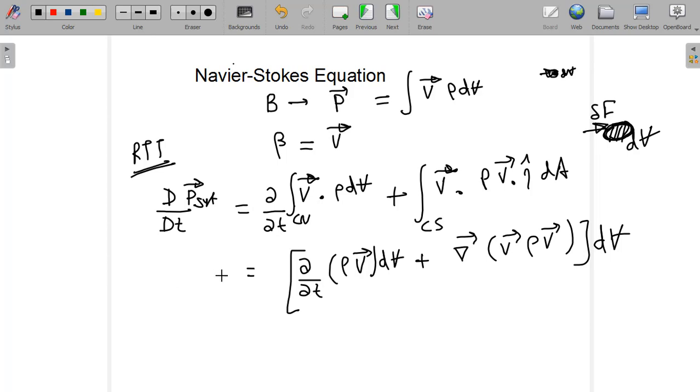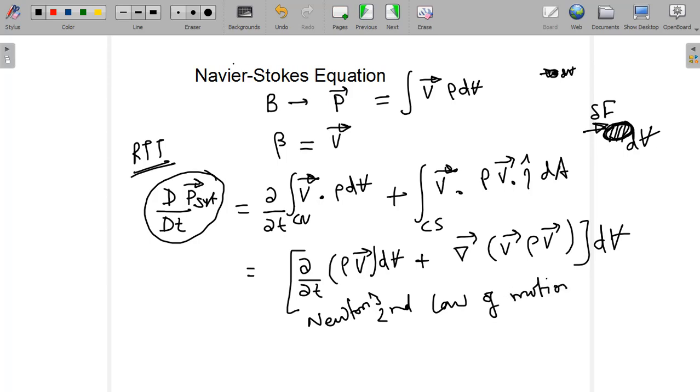And what is there in the left hand side then? The left hand side is from Newton's second law. What is Newton's second law? From Newton's second law of motion, the rate of change of momentum, that means dP/dt, is equal to the net force acting on the system.